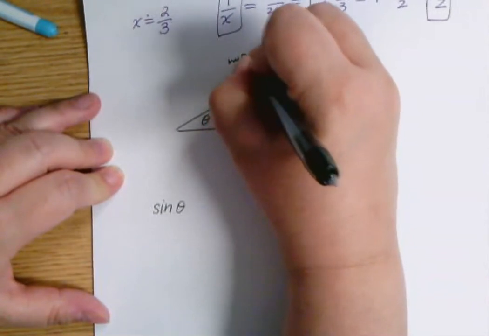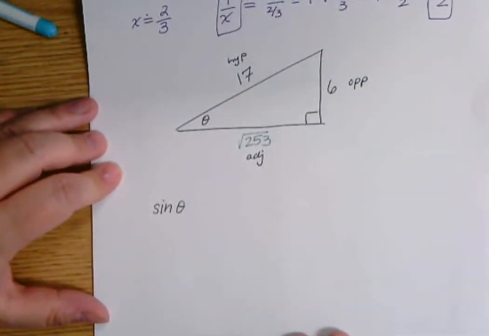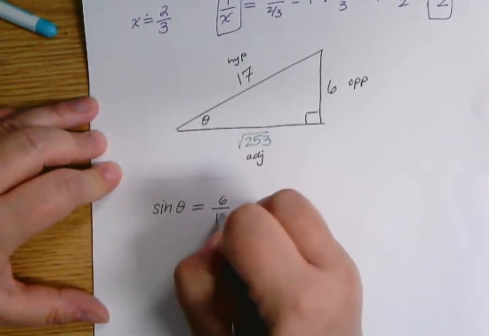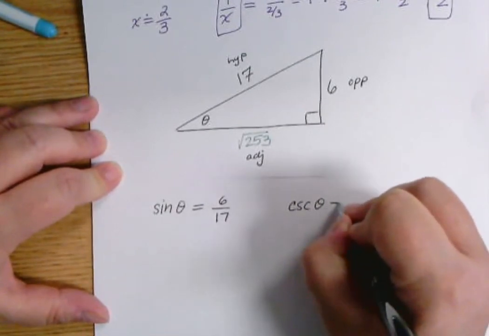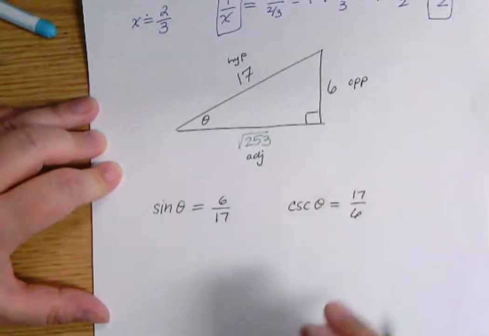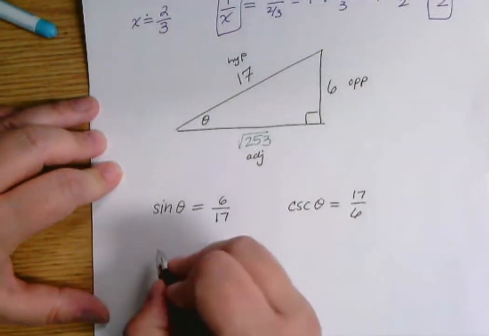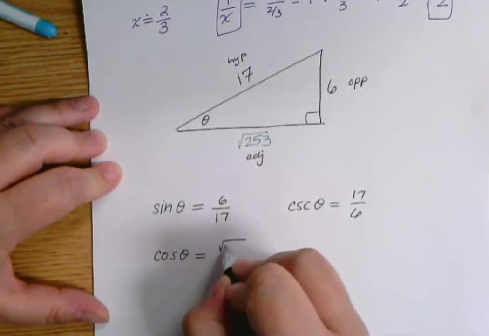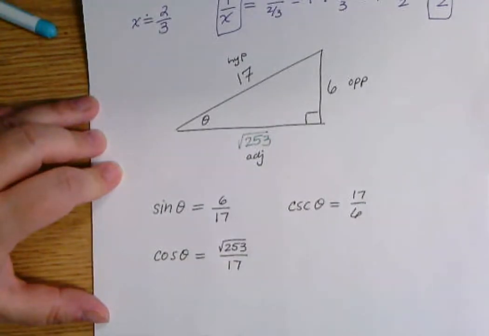So let's go ahead and label those. And my sine is opposite over hypotenuse. Great. That means my cosecant is the reciprocal of that. Now the cosine is adjacent over hypotenuse. So cosine here is going to be root 253 over 17.